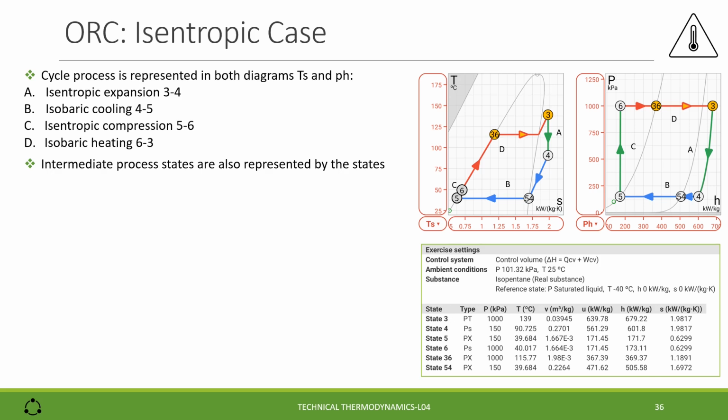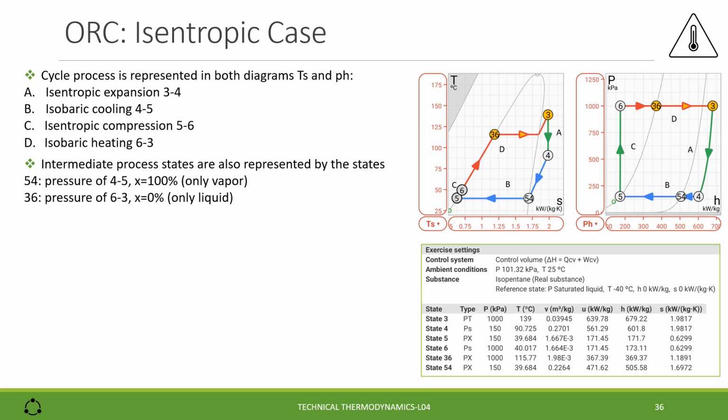The intermediate process states are also represented by the states 5 and 4, where the pressure is the same as states 4 and 5, and the steam quality is 100%. There is only vapor. The state 3 has the same pressure as states 6 and 3, and the steam quality is 0%.